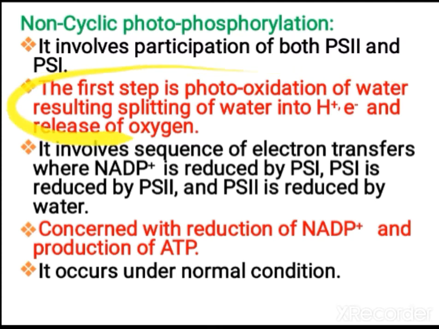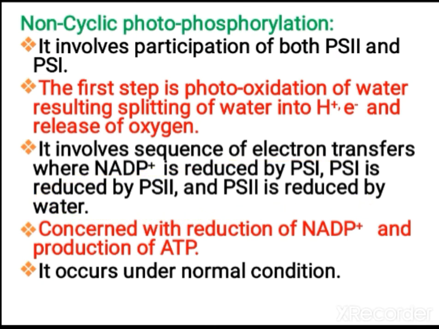Here there is photo-oxidation of water, splitting up of water occurs, and it involves the production of both NADPH and ATP. There it was only the production of ATP. Here two systems are involved, PS1 and PS2.